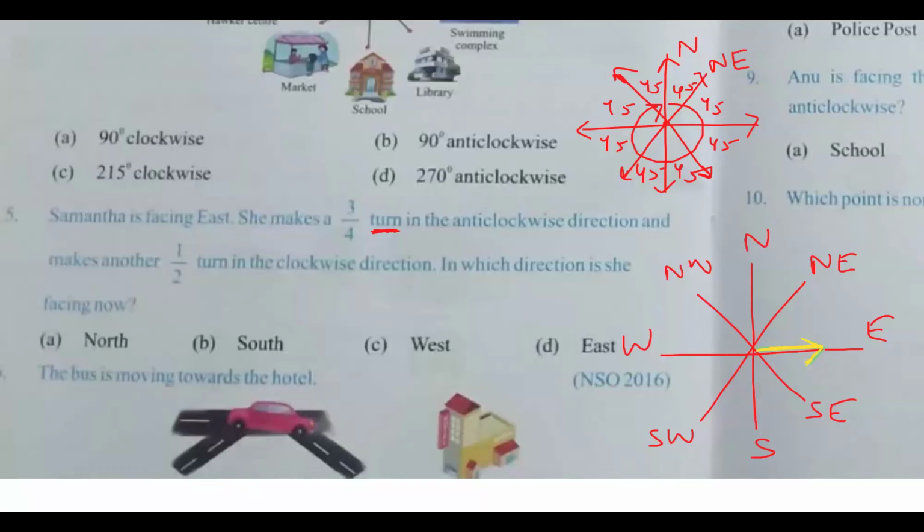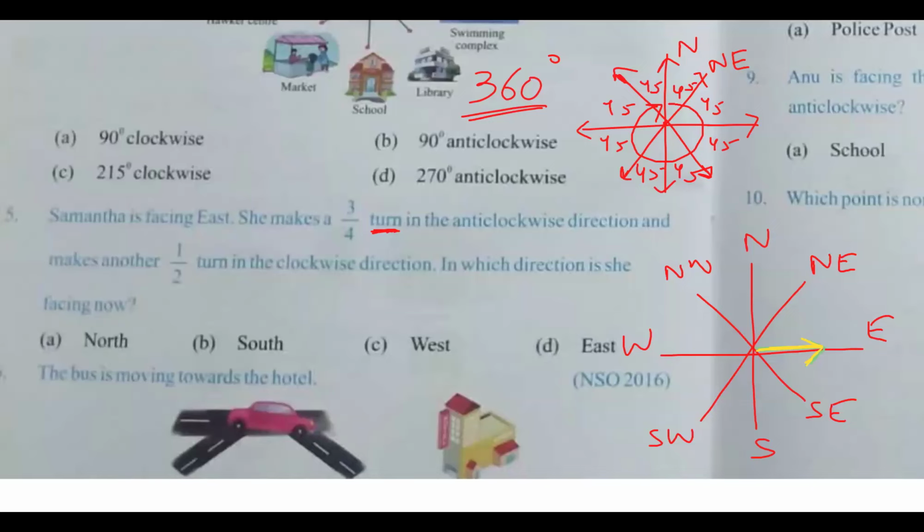So if one turn is 45, the total turn will be a 360-degree turn, isn't it? 45, 8 turns total are there, 45 multiplied by 8, 360. And this you have to remember also. One complete turn, if you want to write in the measure of angles, will be 360-degree angles. All right, okay?